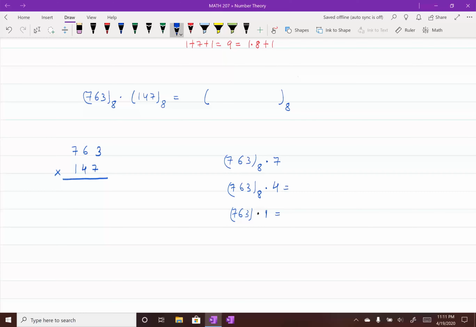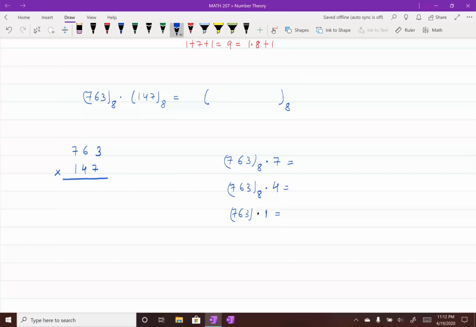Once I have these values for these three products, I can take them as the first row, second row, and third row after shifting towards the left side, and then I can add my three rows together to get the product of these two expansions.